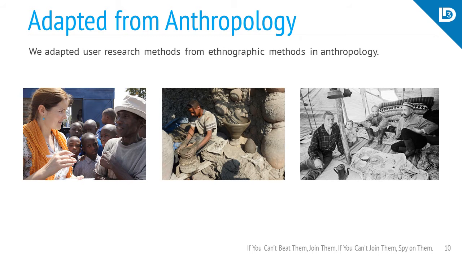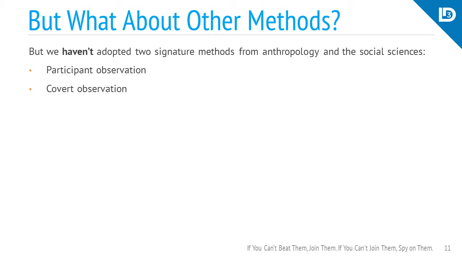So we've adapted these user research methods from ethnographic methods that were used in anthropology originally, and also became used in sociology and the other social sciences. But we really haven't adopted two signature methods that are used frequently in anthropology, sociology and psychology, and these are participant observation and covert observation.